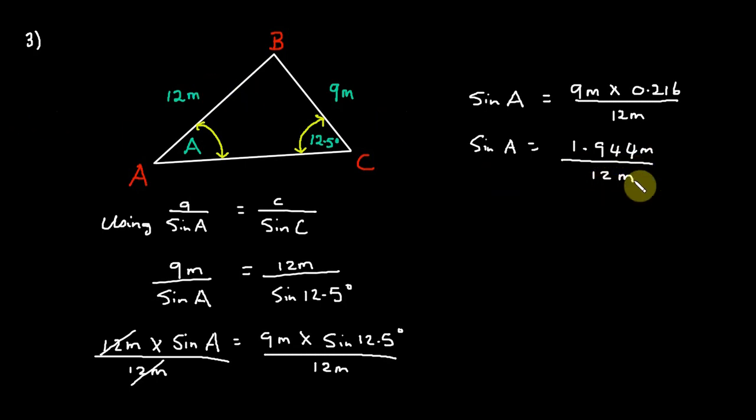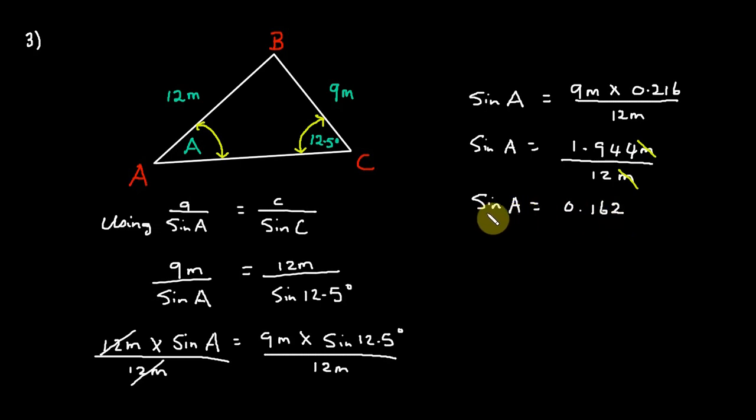So sine A is equal to, when I divide 1.944 by 12, the result is 0.162. But guess what? We have an intruder.